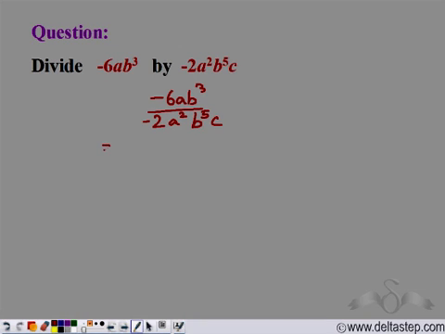So what are the numeric parts? Negative 6 by negative 2, into, considering the algebraic part, ab cube divided by a square b to the power 5 c.